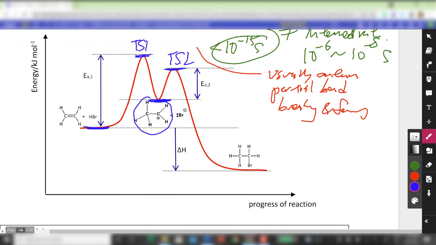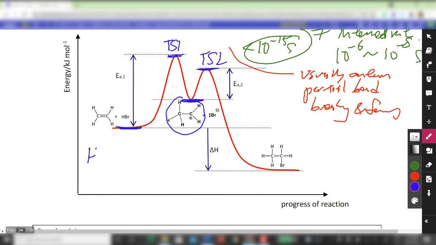The first transition state has partial bond breaking and partial bond forming, and it leads to the formation of a carbocation. So you would expect the first transition state, maybe I should draw on the left, to look something like this, with a dotted line.